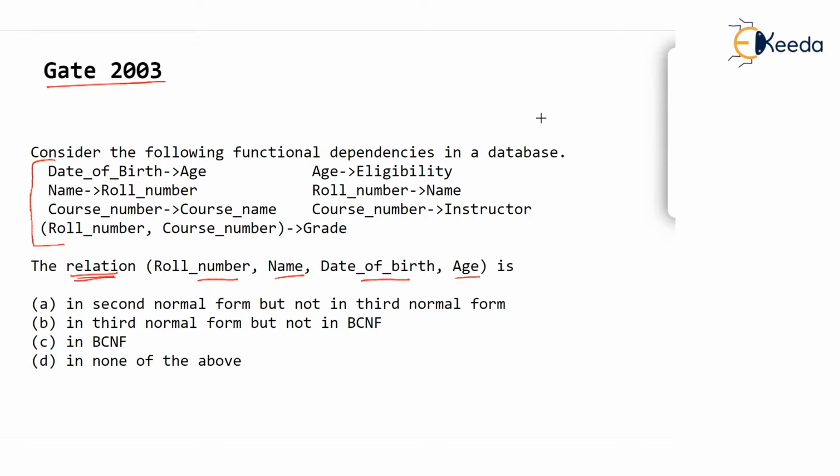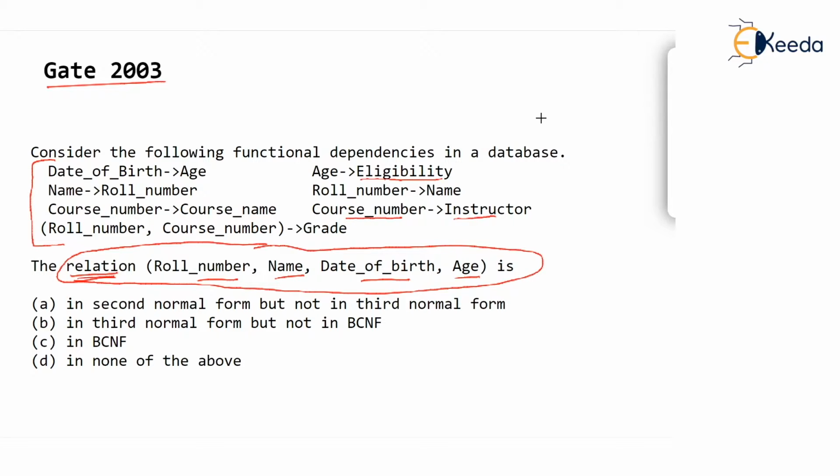But you observe in the functional dependencies, there are some attributes like eligibility, course number, instructor, course name. All these attributes are not there in this relation, although they are there in the functional dependency.